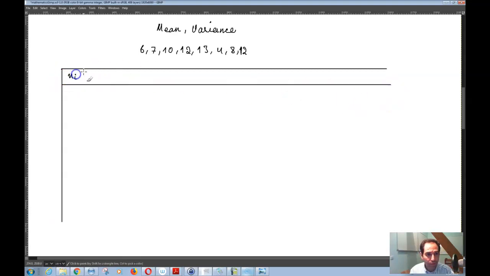So I write my x sub i's over here: 4, 6, 7, 8, 10, 12, and 13. 4, 6, 7, and 8 each occur 1 time.